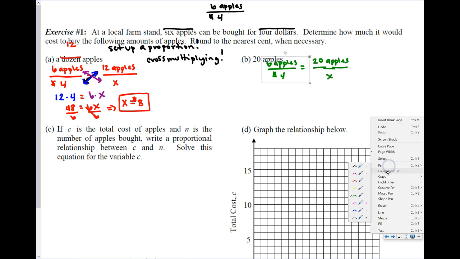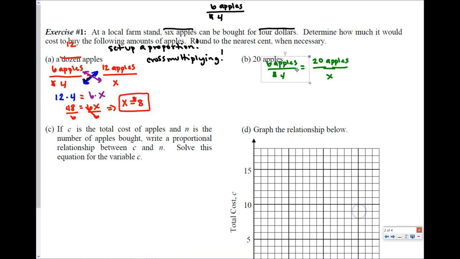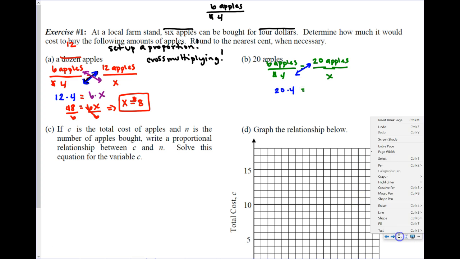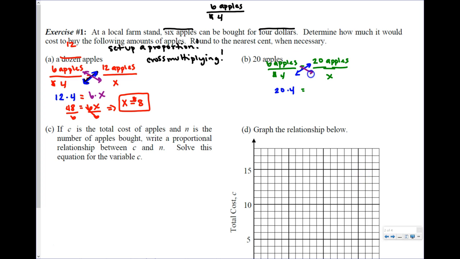Cost. And I'm going to cross multiply like before. So I'm going to cross multiply these two. So I get 20 times 4 equals 6 times x. I'm cross multiplying.